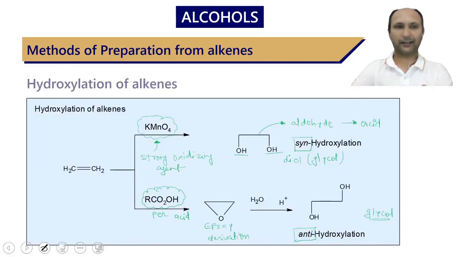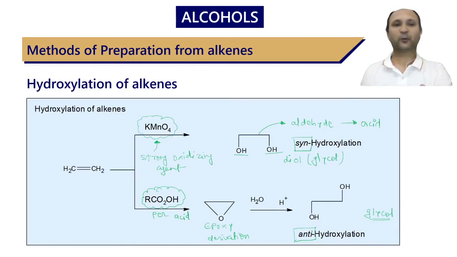And the next and the last reaction was hydroxylation of alkenes, which can be carried out with two reagents. One is potassium permanganate and the other is a peracid. This potassium permanganate, when it reacts with alkene, is so strong an oxidizing agent that it oxidizes both the carbons. The same is the case with this peracid as well.